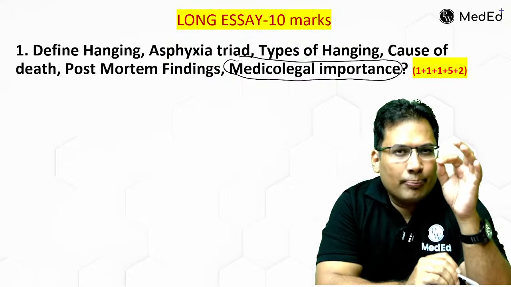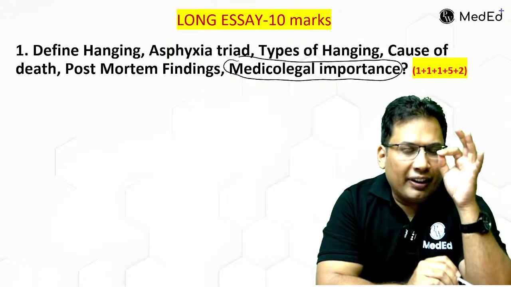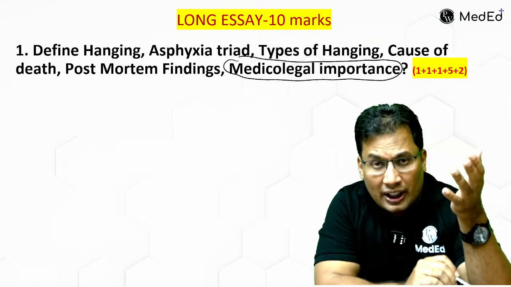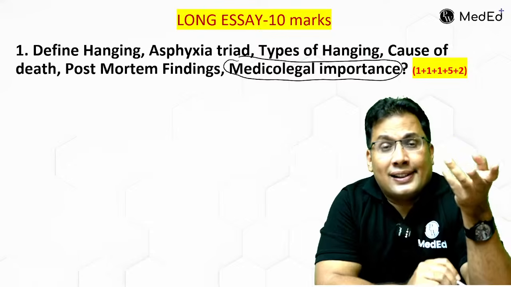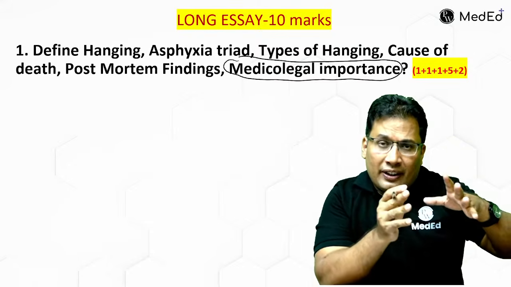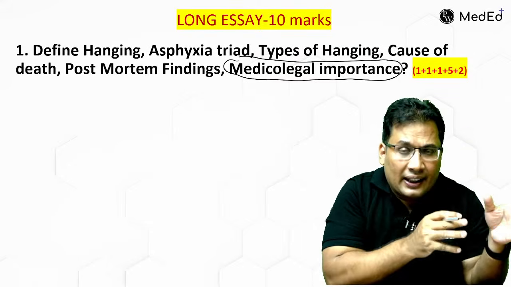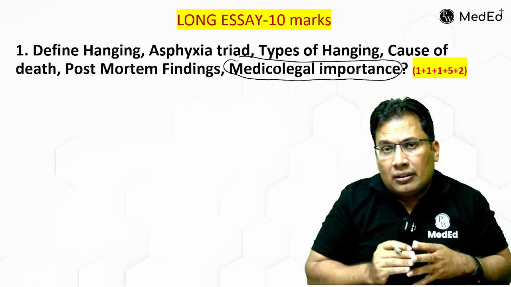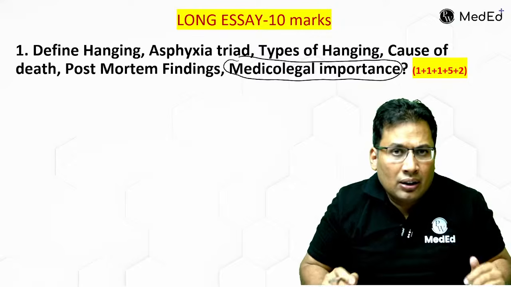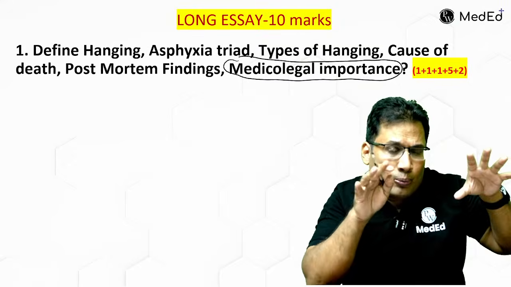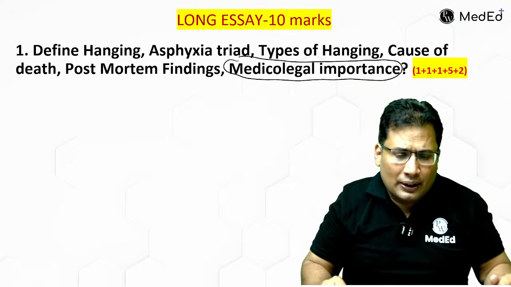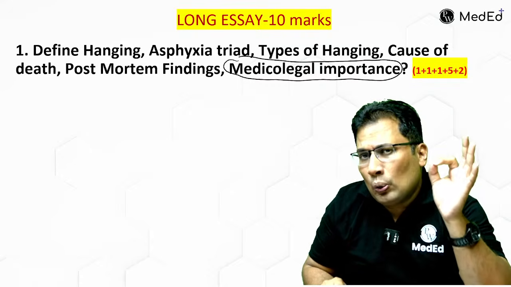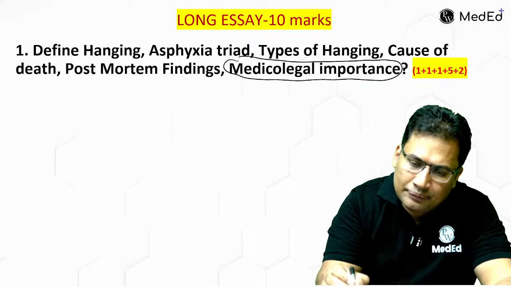Try to write medico-legal importance in every question of forensic medicine. MLI: suicide, homicide, accidental, difference between suicidal and homicidal hanging, or sometimes accidental hanging, like autoerotic hanging. Drowning, suicide, homicide, accident, anything can be possible. So what is important in your prof exam is medico-legal importance, MLI.